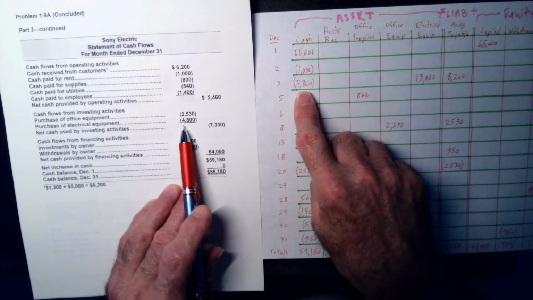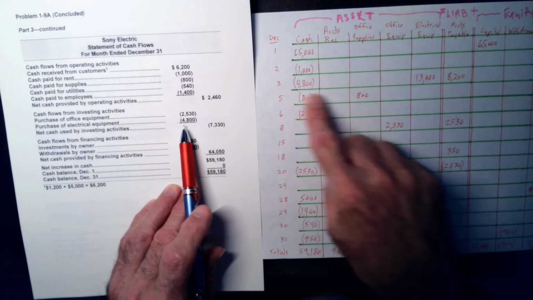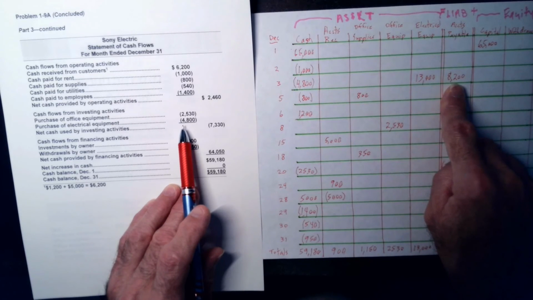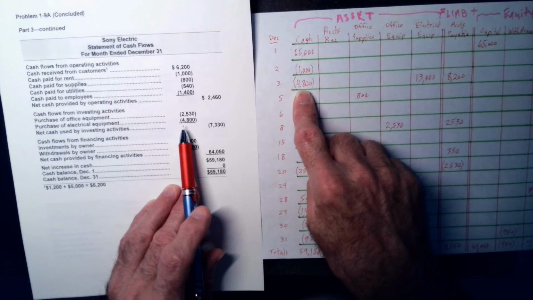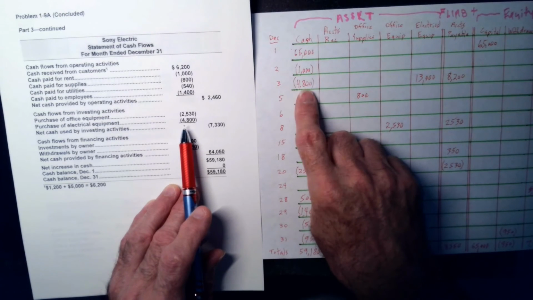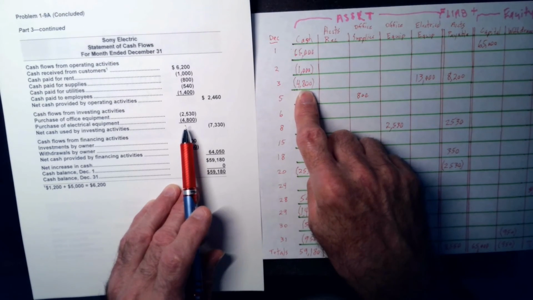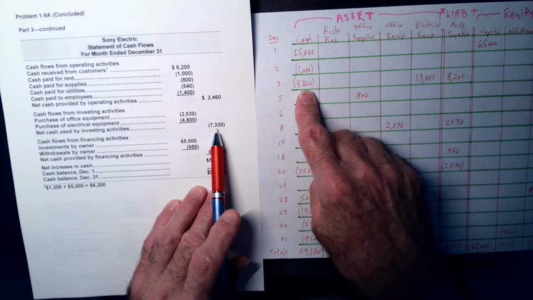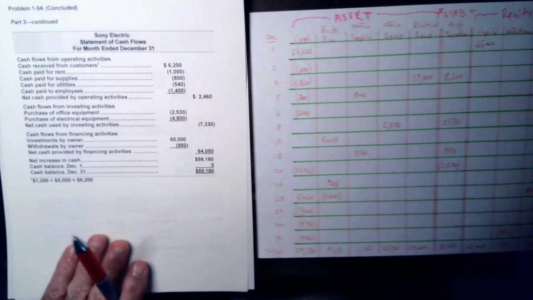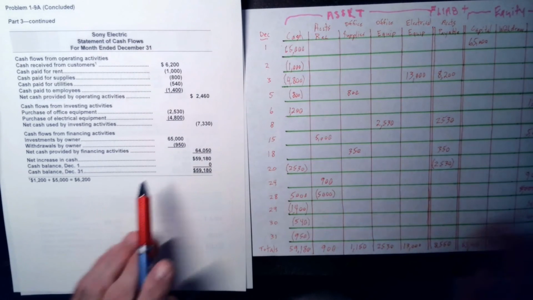Yes, I did pay $4,800 in cash. I still have outstanding accounts payable for the electrical equipment, but I paid $4,800. So I go ahead and report the cash, not the accounts payable, just the cash, and I come up with a total for investing of $7,330.